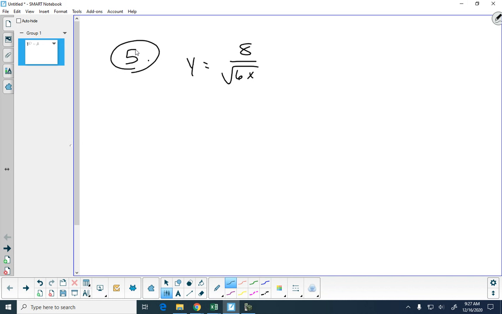But another way you could do this is, I see I don't have a variable on top. If I don't have a variable on top, I tend to use my exponent rule to get into exponential notation, which would be 8 over 6x to the 1/2 power.